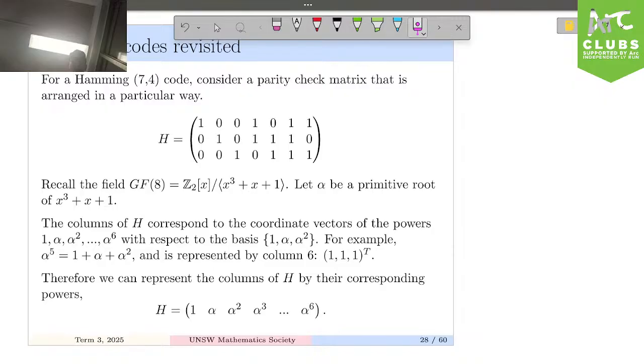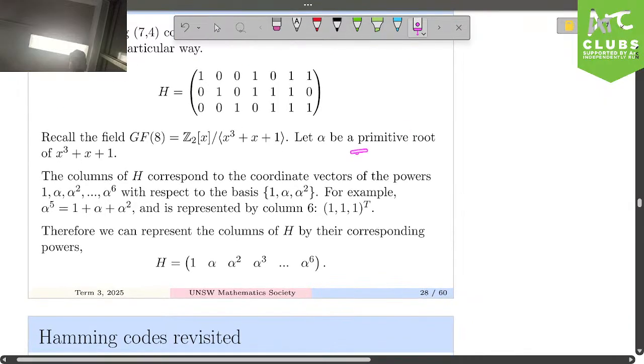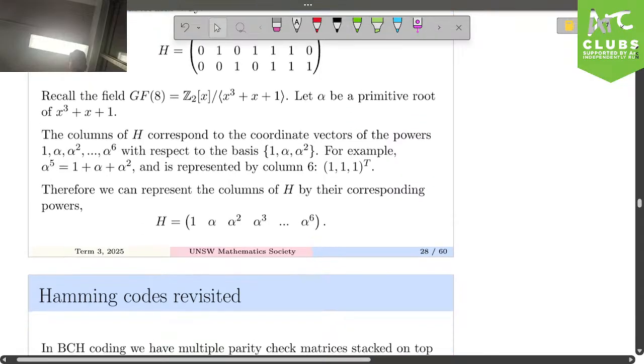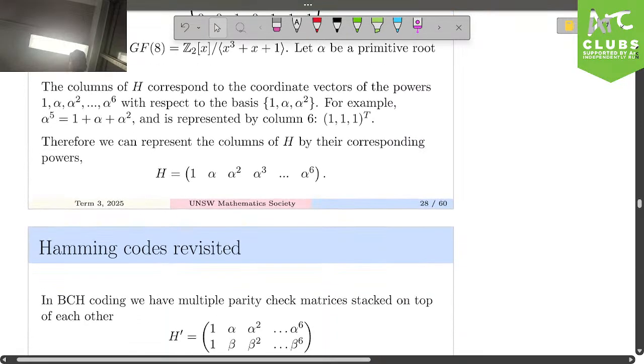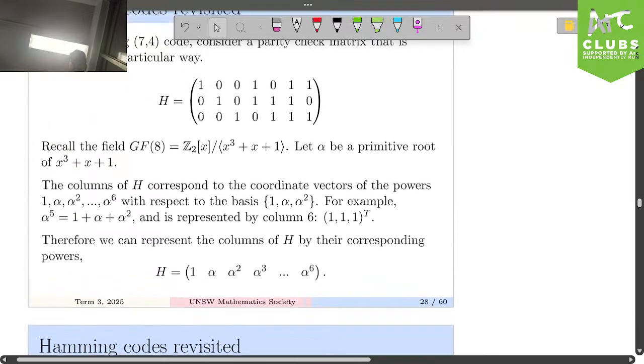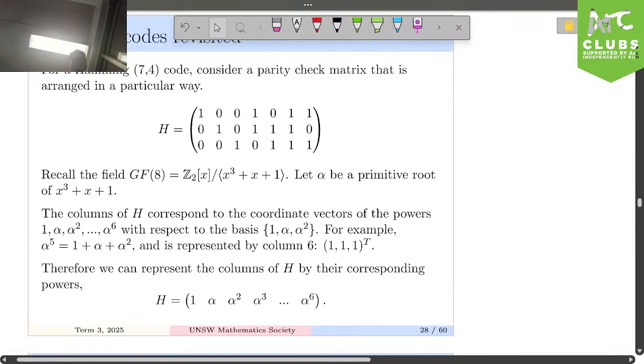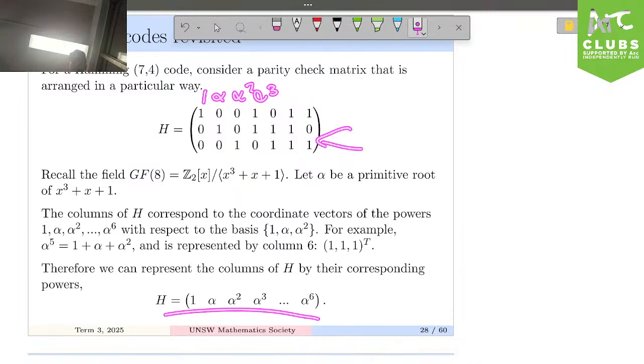And alpha is a primitive root. Okay? This is going to be the main difference between what I do here and what Thomas Britz does. The columns of H correspond to coordinate vectors, so that's exactly what I said. And we can also represent H with 1, alpha, alpha squared, alpha cubed, and if we just write this, then we're saying exactly the same thing.